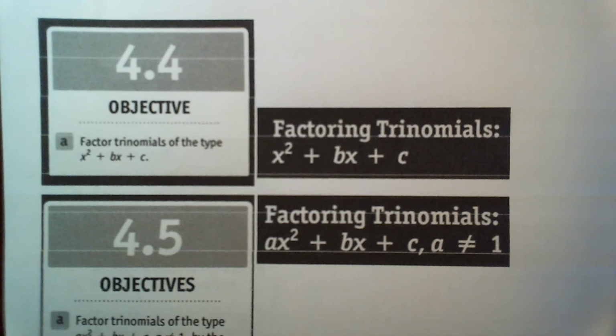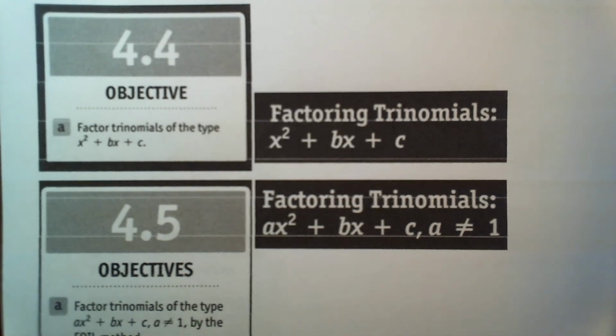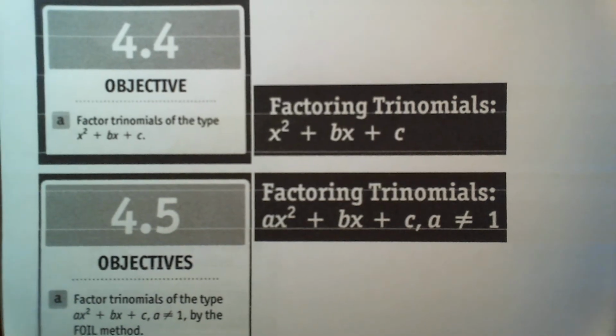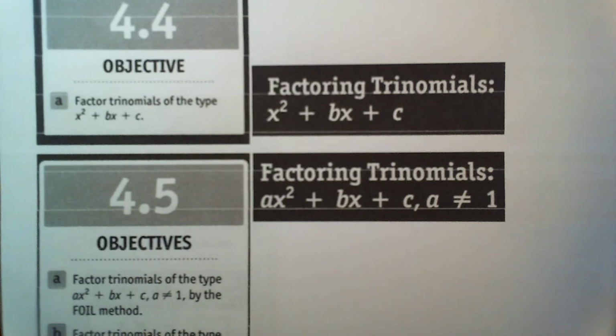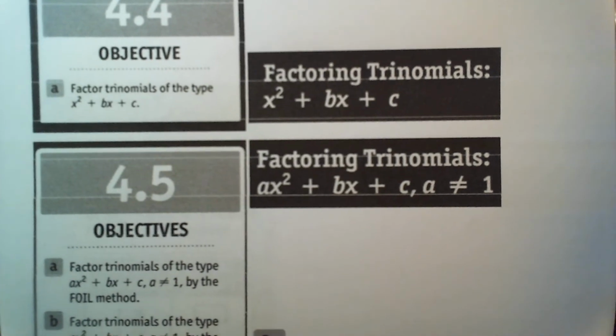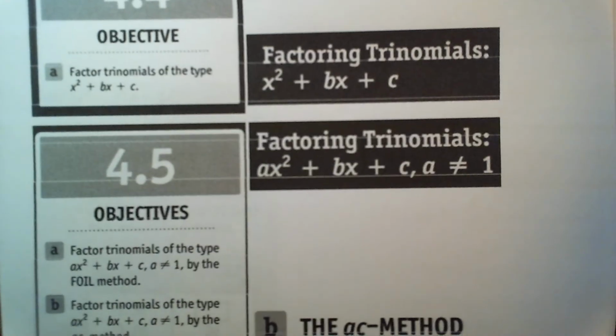And also, again, there are different methods. One of the reasons I will not get into the reverse FOIL method for factoring is that it's a lot of trial and error. I'd rather show you a method that might take a little longer to learn, but once you get the hang of it and understand it, it's a whole lot easier.